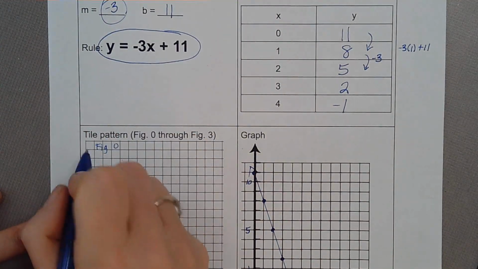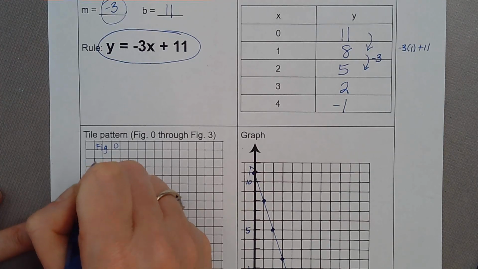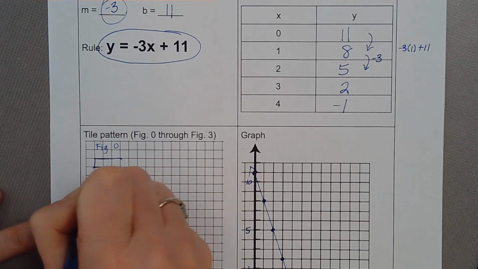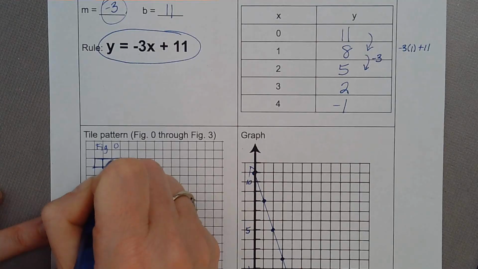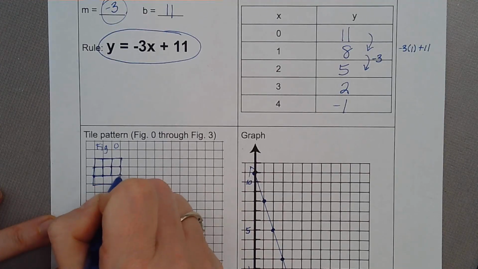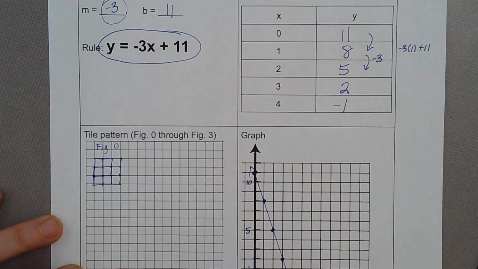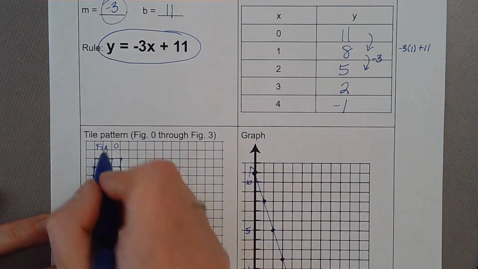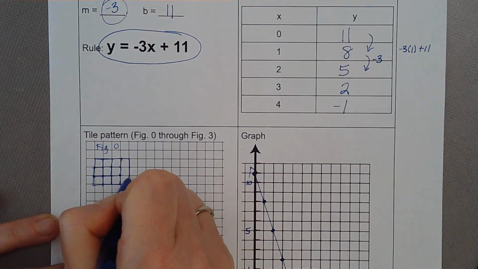Here's figure 0, so 3 groups of 3. So there's 1, 2, 3, and 4, 5, 6, 7, 8, 9. And now I've got to decide what do I want to do for 10 and 11. I'll just put 2 on the side like this.